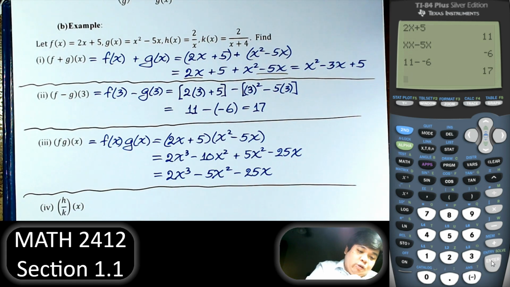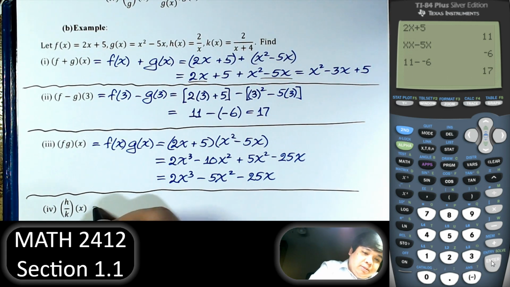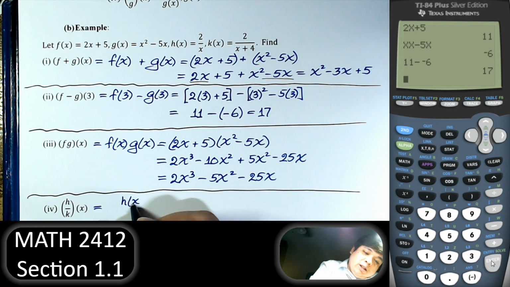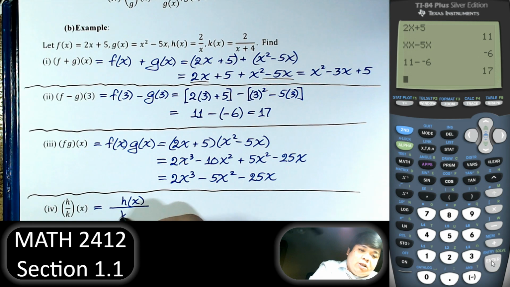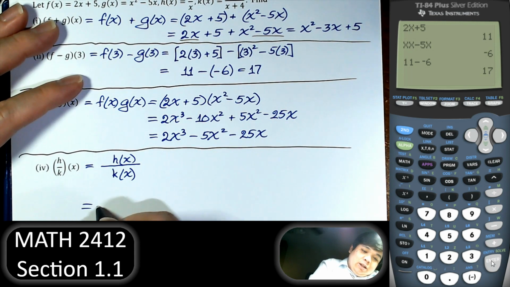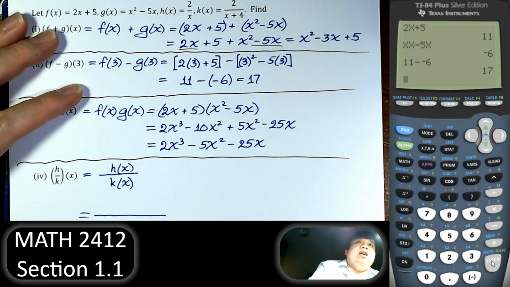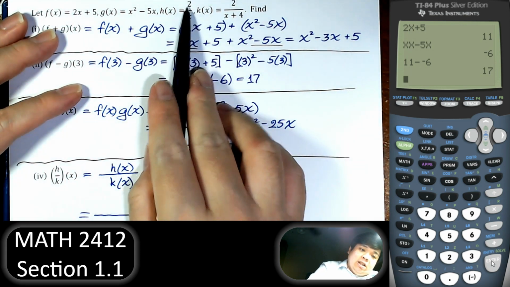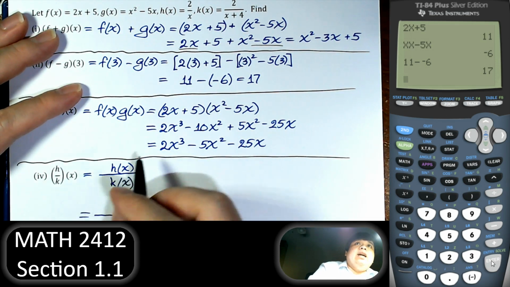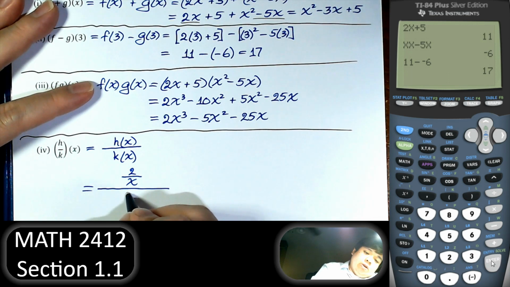Now, h over k of x. It's just h of x over k of x. Of course, k of x is not equal to 0. Now we just substitute in x. H of x is 2 over x. And k of x is 2 over x plus 4.